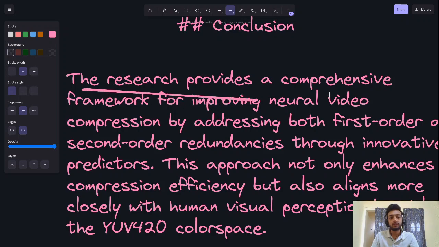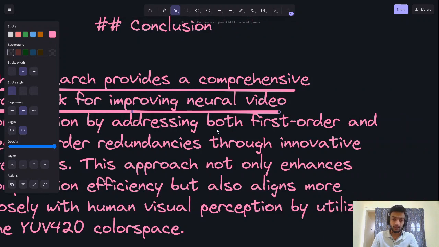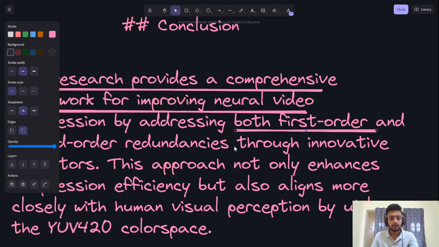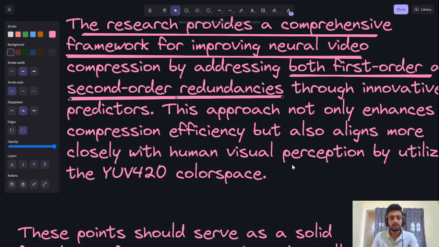The research provides a comprehensive framework for improving neural video compression by addressing both first-order and second-order redundancies through the innovative predictor. This approach not only enhances compression efficiency but also aligns more closely with human visual perception by utilizing the YUV420 color space.